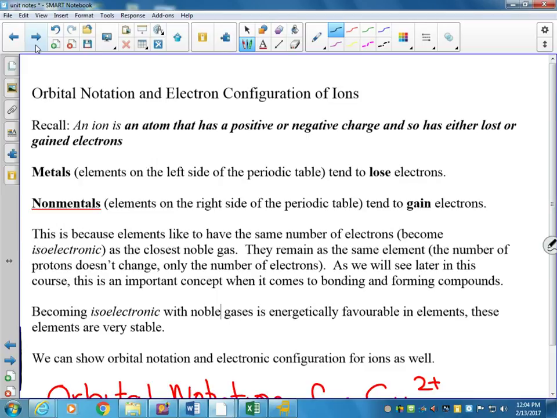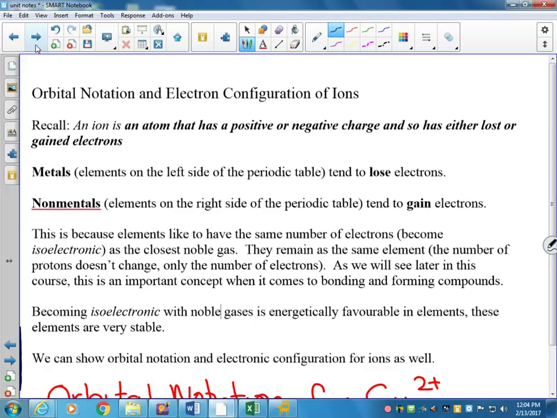Now, I think most of you know what an ion actually is, but an ion is an atom that has positive or negative charge, and so it has either lost or gained an electron. What do they want to be like?